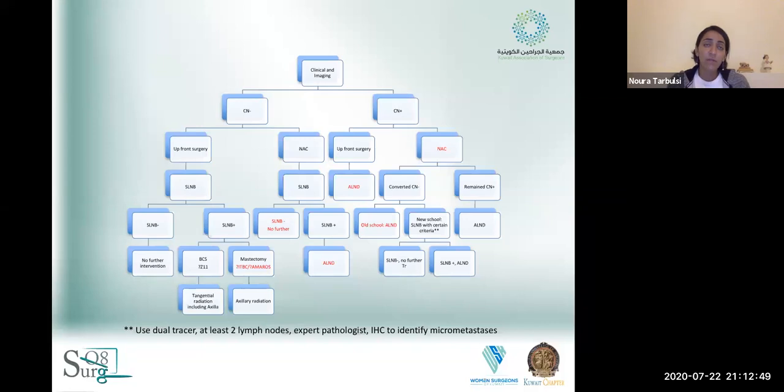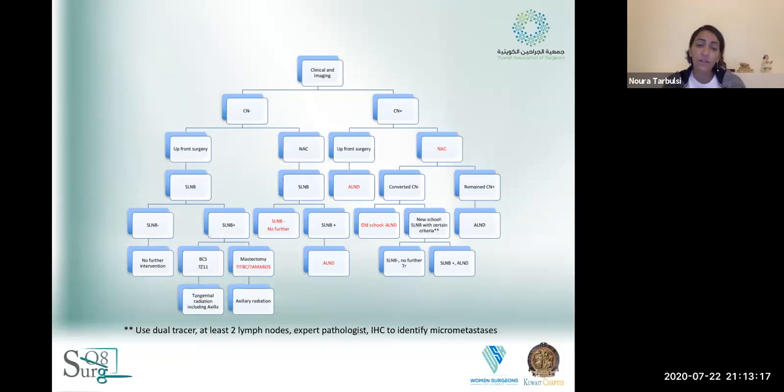So if I have somebody who had positive nodes and I gave them chemotherapy, and then after chemotherapy there is no more palpable disease, the ultrasound and all of the nodes look normal, I will discuss with my patient that I could do sentinel lymph node biopsy, but I have to have dual tracer, and at least I find 2 lymph nodes, and I ask my pathologist to do immunohistochemistry.